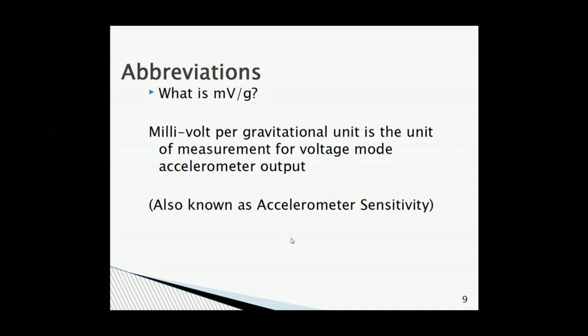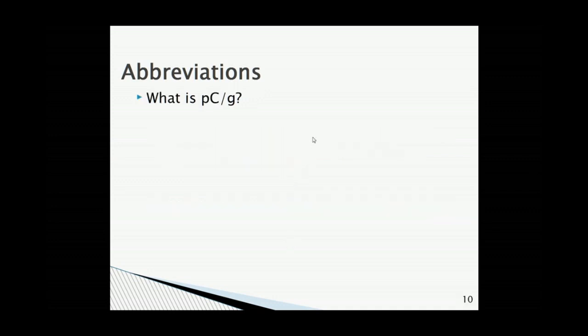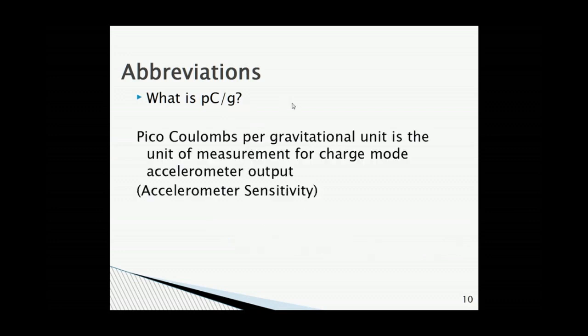Now, the other type of accelerometer is a charge type accelerometer, which uses a unit of measurement called picocoulombs per G. Once again, picocoulombs per gravitational unit is the unit of measurement for charge mode accelerometer output, which is also an accelerometer sensitivity. It's the accelerometer sensitivity for a charge type accelerometer.